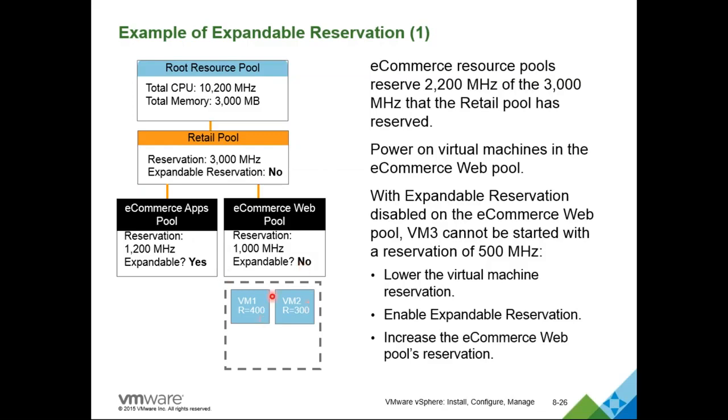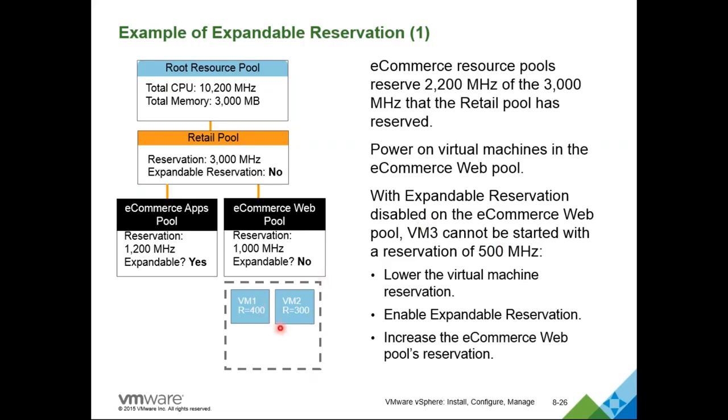pools. One of the child pools has two VMs, reserved with 400 megahertz on one VM and 300 megahertz on the other. So the total capacity of this pool is 1000 megahertz and it is not expandable.